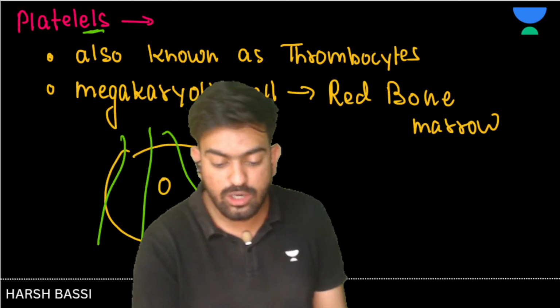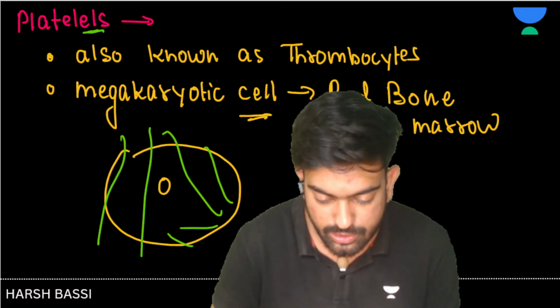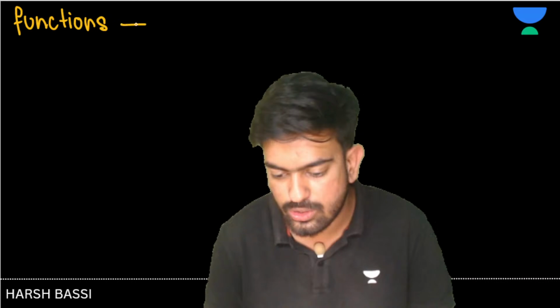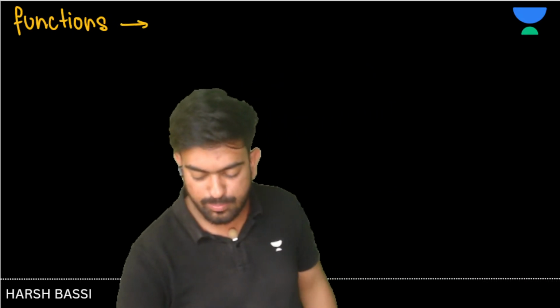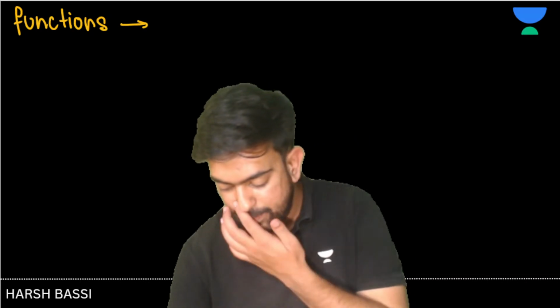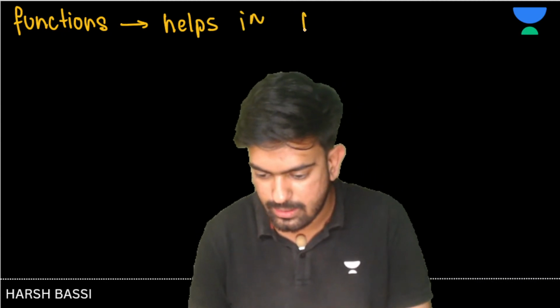Now what is the function of the thrombocytes? What is the function of the platelets? There must be some function. If I talk about the functions of the platelets, it helps in coagulation of blood. Yes or no? It helps in blood coagulation.